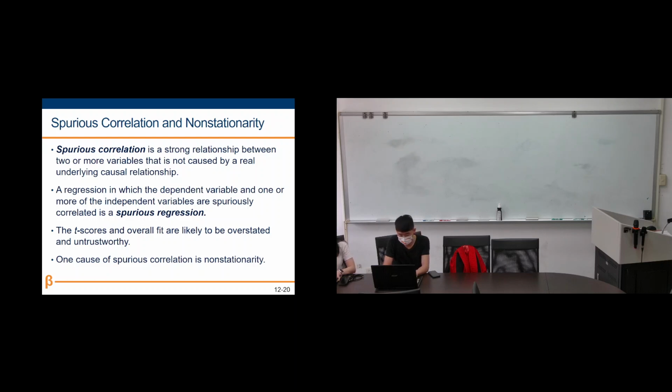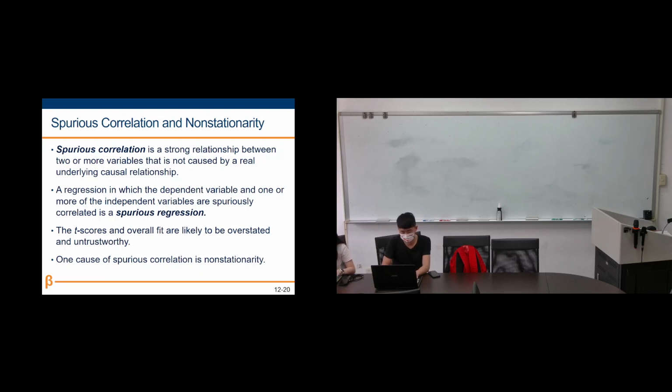So spurious correlation is a strong relationship between two or more variables that is not caused by a real underlying causal relationship. It's like if we have a lurking variable C, we see A and B are highly correlated, but in fact they are not. If I take out the factor of C embedded in the variables, then they have no relationship at all.